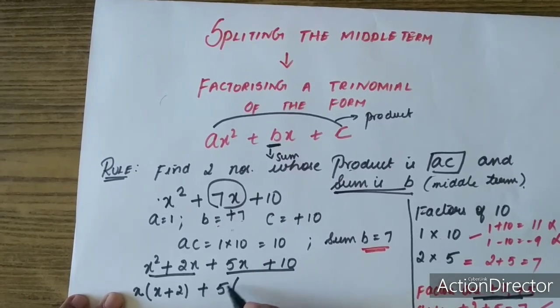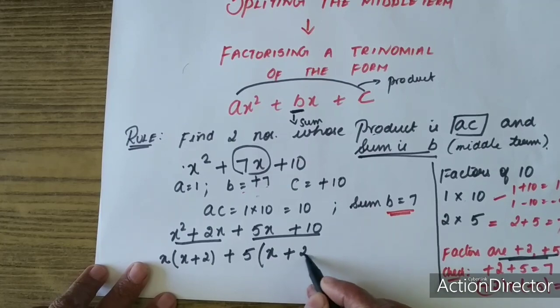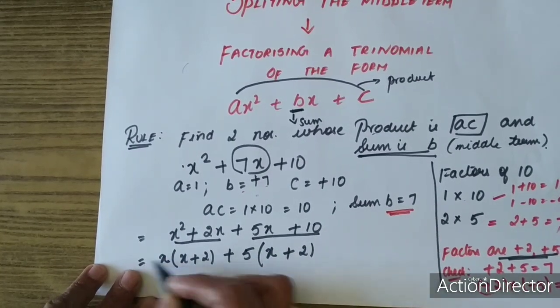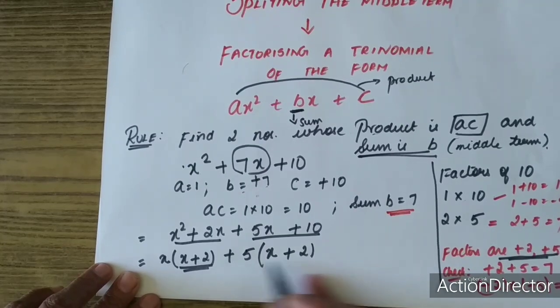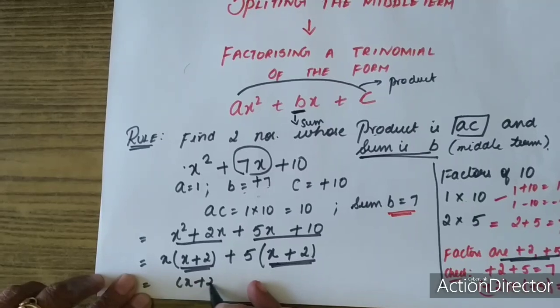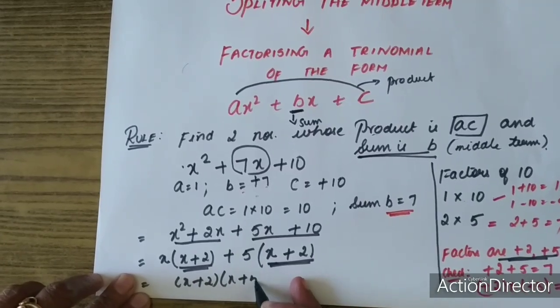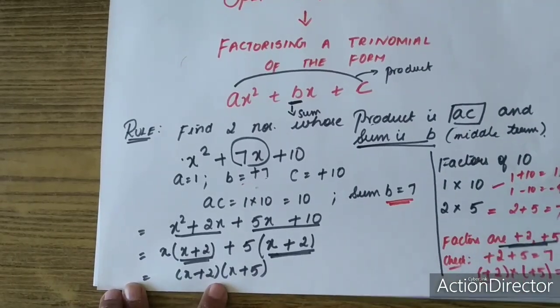Each term divided by HCF: 5x divided by 5 is x and 10 divided by 5 is 2. Now you factorize until you get no common factor. Again you are having a common factor HCF, x plus 2. So my last step will be x plus 2 into x plus 5. Here I will stop. I cannot factorize further.